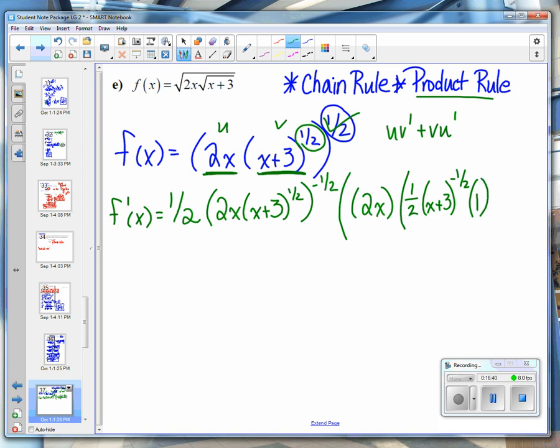If this is going too fast, remember you can always rewind, you can always double check, you can always go through this again. All right. So the next one is going to be plus, because now we've done our u, which is 2x, times v, so the derivative of this guy, which we said was a half, x plus 3 to the power of negative a half times 1, plus v, which is x plus 3, sorry, I'm totally running out of room, times my derivative of the u, which is just 2. Look at all those brackets.